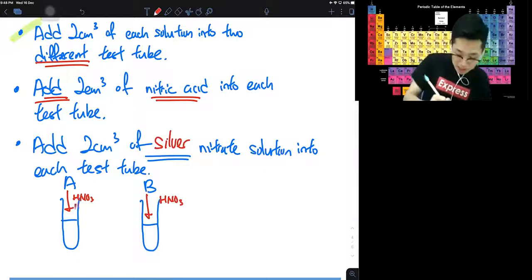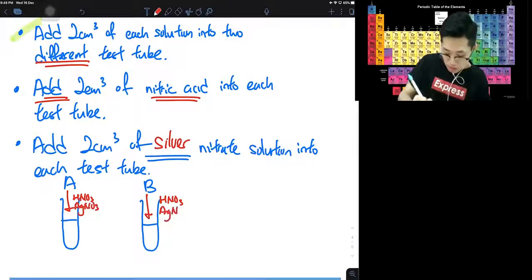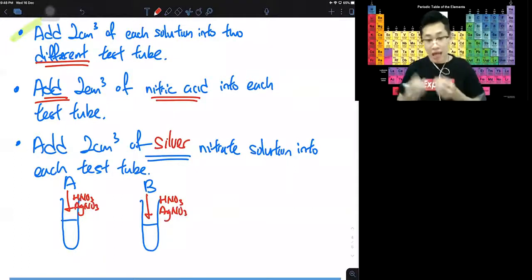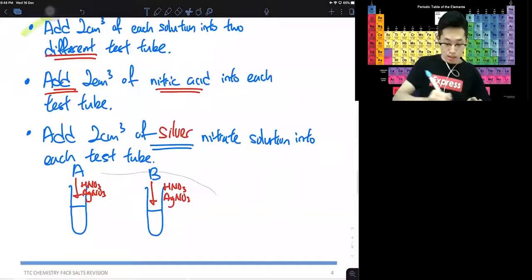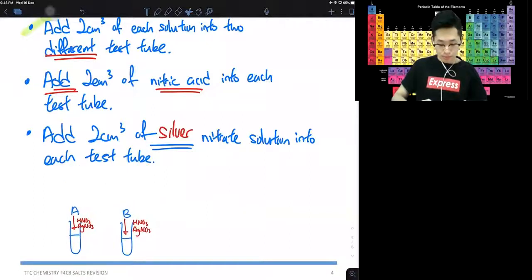So that means I add AgNO3, AgNO3. Any other steps? No, right? Then what happens? The result will come out.